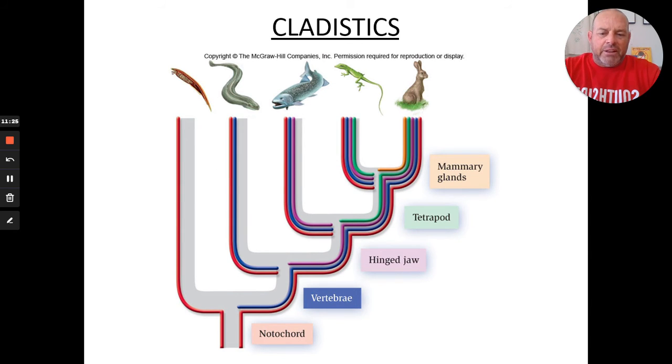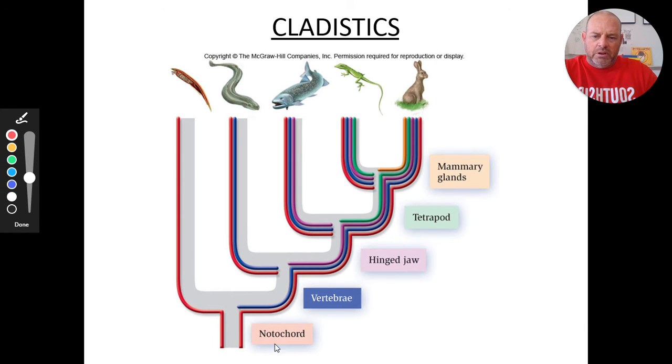Simple cladogram here. If you look at the bottom here, you have a notochord right here, okay? And so you have just this guy over here with the notochord, and that's all he has, because he has the red line. And then you have the vertebrae here in the red and blue. And so you have this guy with the red and the blue, and I believe that's a lamprey.